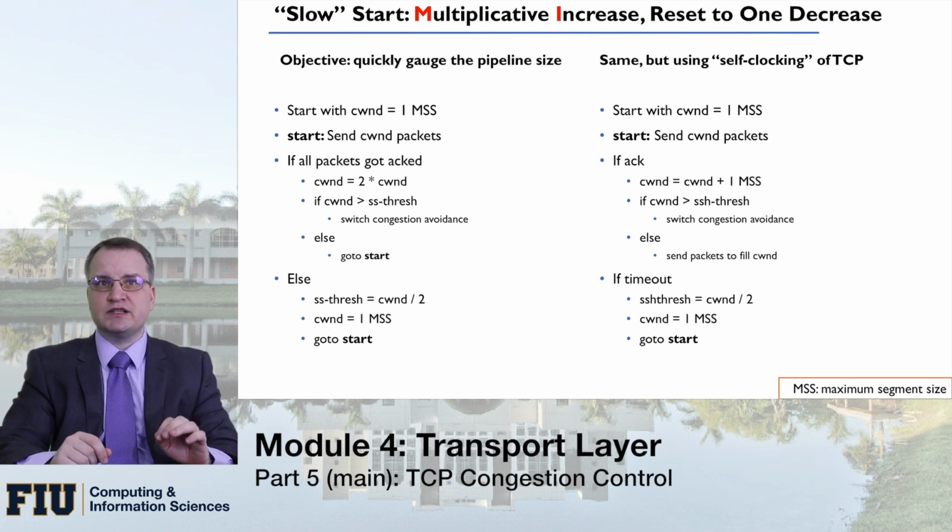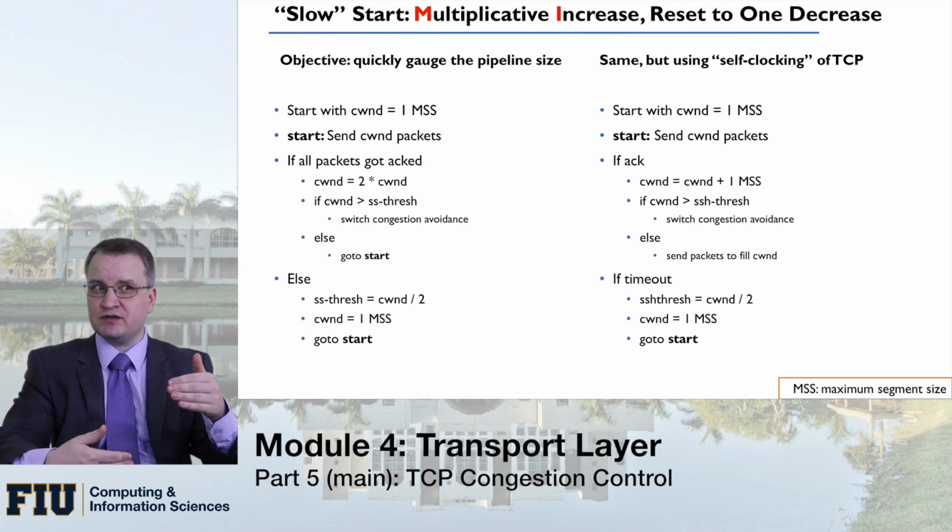I didn't show you on the slide what the initial value for the slow start threshold is, but there is some initial value for that as well, which can be configured in a system, and there are some defaults. And if not all the packets were acknowledged, so if you send out like 64 packets and only some of them got acknowledged, then the logic for this type of congestion control is simply to set the slow start threshold to half of that congestion window.